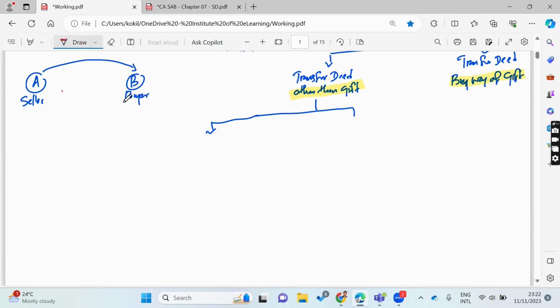Stamp duty is given by the buyer, and the buyer needs to decide how much he needs to pay. In this example, let's say you are transferring less than 100,000, let's say 55,650.